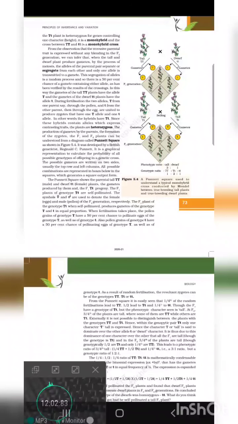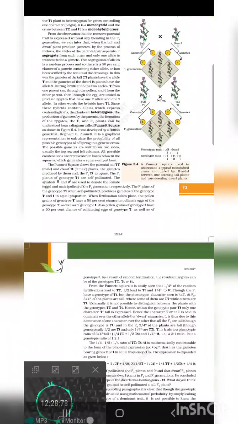The F1 plants of genotype capital T small t are self-pollinated, and the symbols for female and male are used to denote the eggs and pollen of the F1 generation respectively. The F1 plant of the genotype capital T small t, when self-pollinated, produces gametes of the genotype capital T and small t in equal proportions.